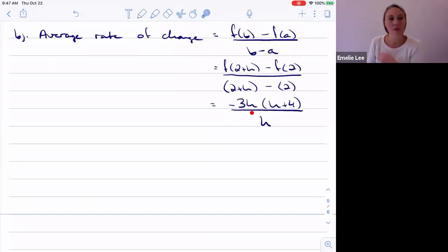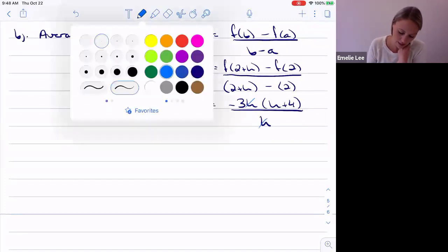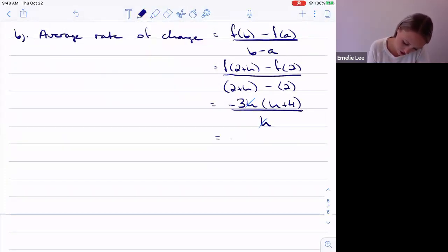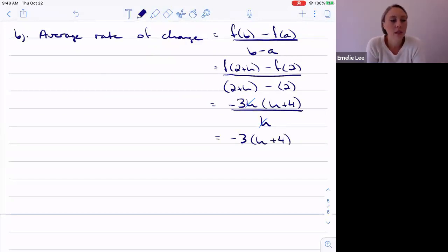And because I was able to pull out this common factor of h, I can actually cancel these, only because I'm multiplying all the way across here. So what I get, my average rate of change, is negative 3 times h plus 4. That's it.